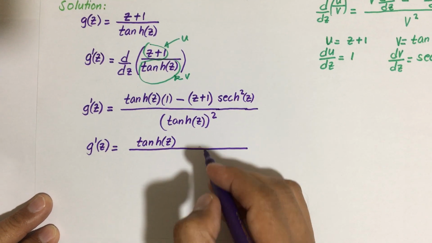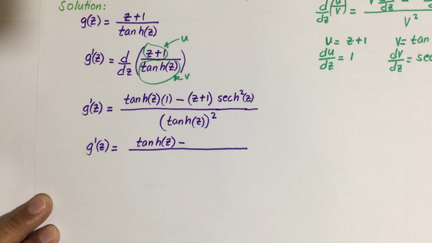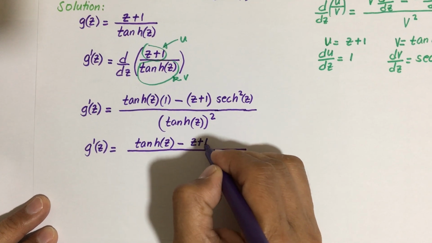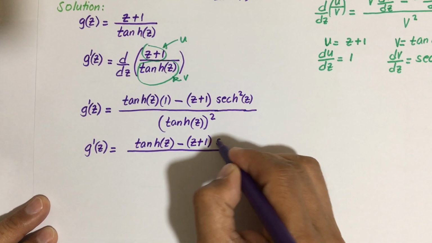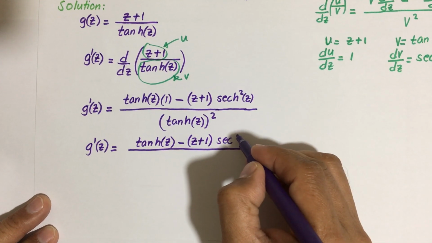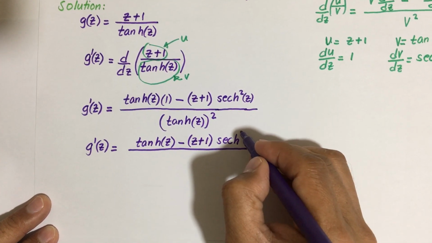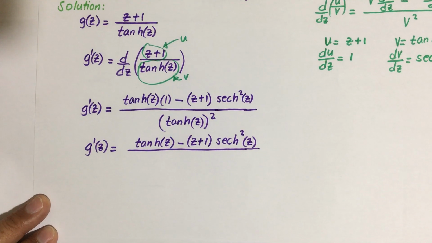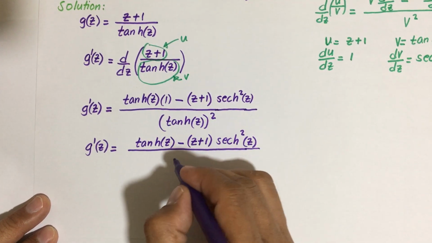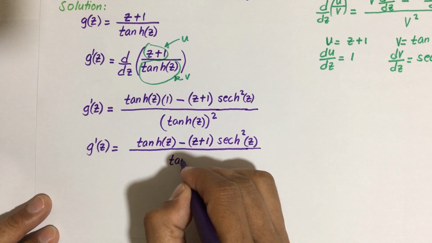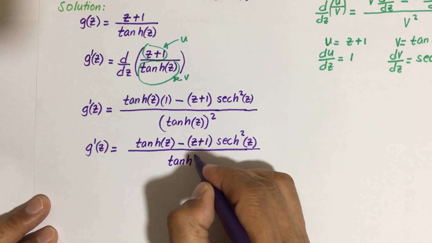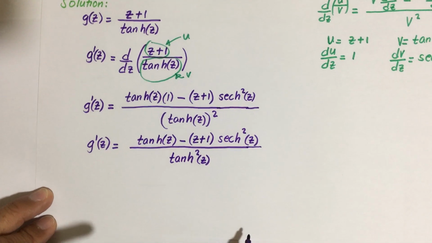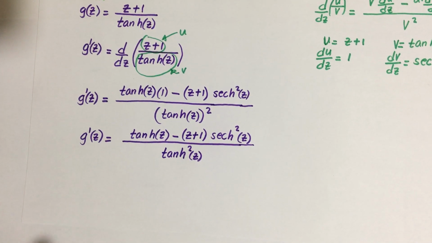Alright, then minus z plus 1 multiplied by hyperbolic secant squared of z, then divided by, so the denominator can also be written as hyperbolic tangent squared of z. Okay, so this is our final answer.